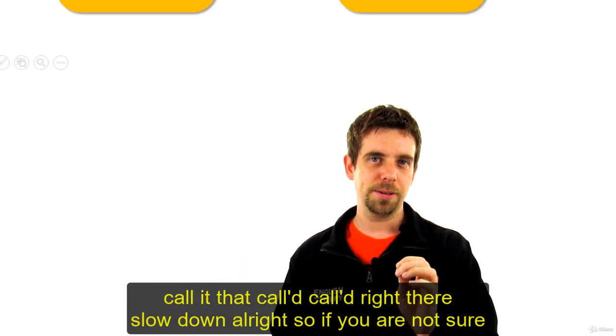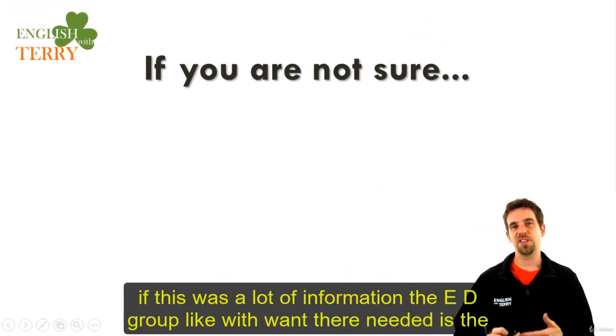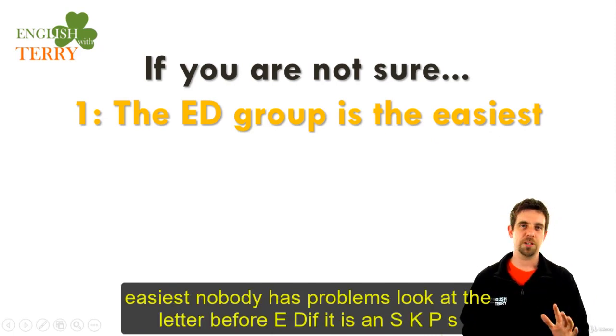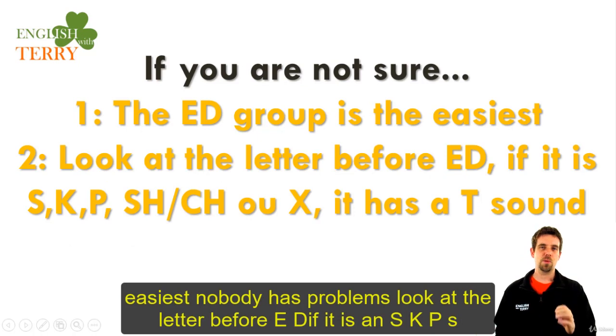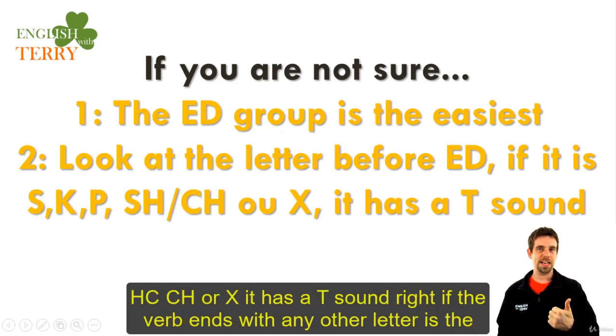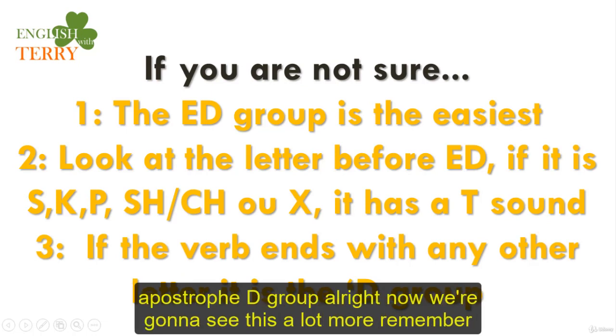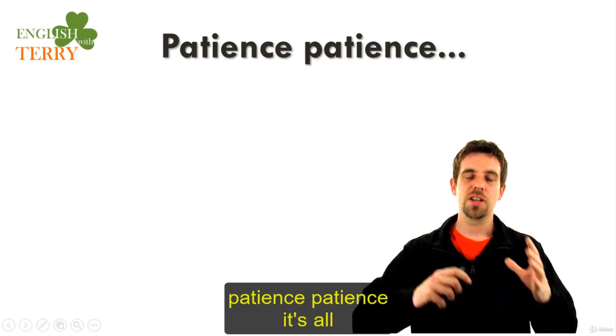Slow down, all right? So if you are not sure, this was a lot of information. The ED group, like with wanted, needed, is the easiest. Nobody has problems. Look at the letter before ED. If it is an S, K, P, SH, C, CH, or X, it has a T sound, right? If the verb ends with any other letter, it's the apostrophe D group, all right? Now we're going to see this a lot more. Remember, patience, patience.